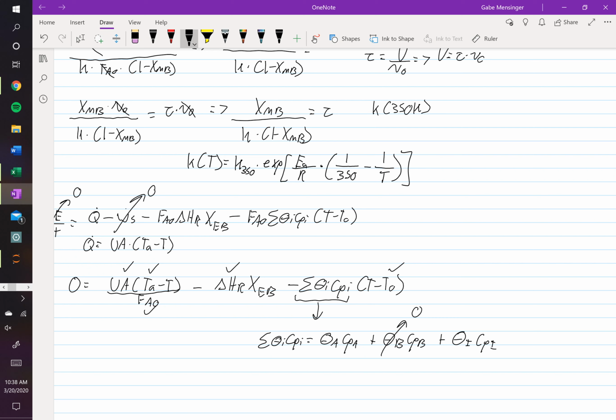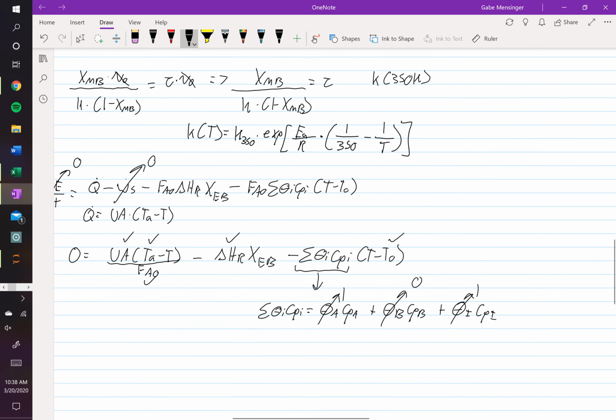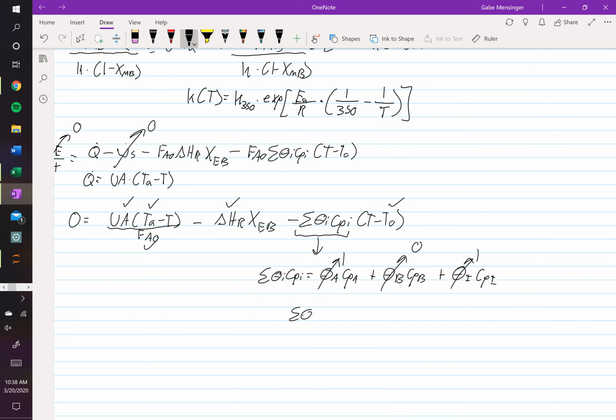Since A is the limiting reactant, theta A is always 1. And since it says A and I are fed in equimolar amounts, theta I will also be 1. So this term ends up being CPA plus CPI.